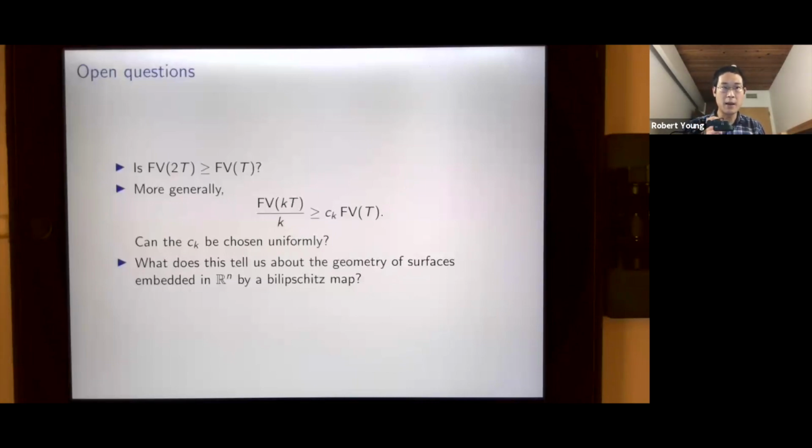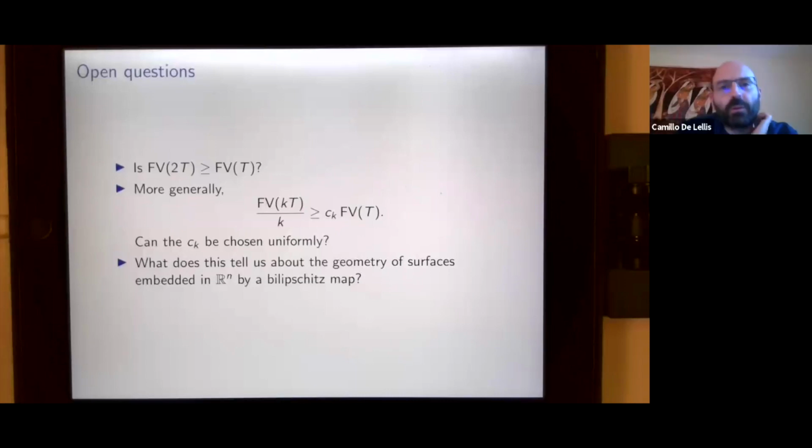Where I do think there could be a nice extremal example is if you take a unit circle and you look for crosscaps embedded in R^4, say, whose boundary is the unit circle, and then you look at the ratio between the additional area of the crosscap, the area of the crosscap minus the area of the unit circle, divided by the smallest amount of area necessary to cut the crosscap.